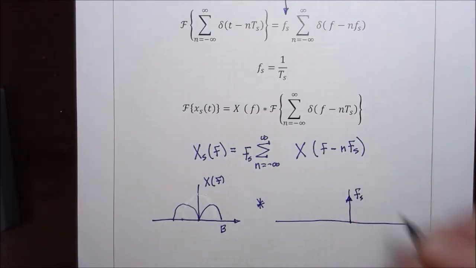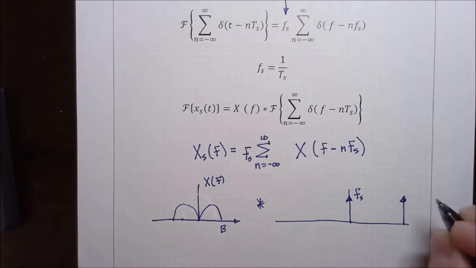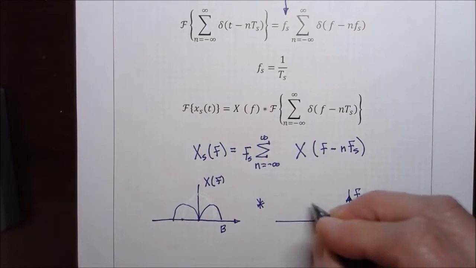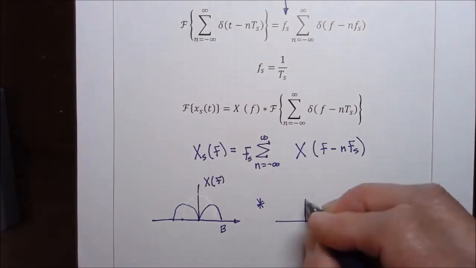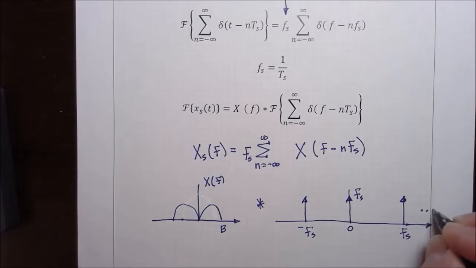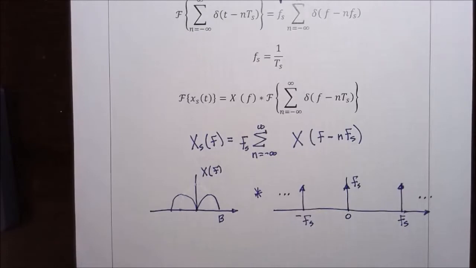Each one has a scale factor of f sub s, and this is at 0, and the next one is located at frequency f sub s, and then this is at frequency minus f sub s, and this is a continuous periodic function in frequency of these delta functions.